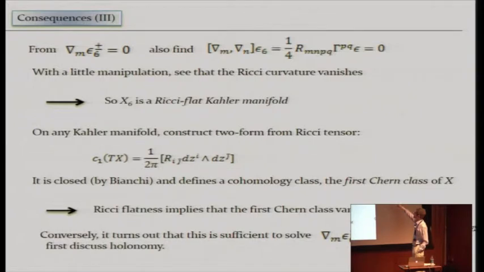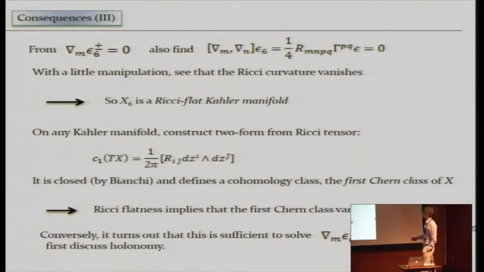Basically what you do is you contract it with another gamma matrix, gamma^n, and use some gamma matrix identities and the first Bianchi identity, and you end up showing that the Ricci curvature has to vanish. Okay. So our X6, if it has a covariantly constant spinor, not only is it a Kähler manifold, it's in fact a Ricci flat Kähler manifold.